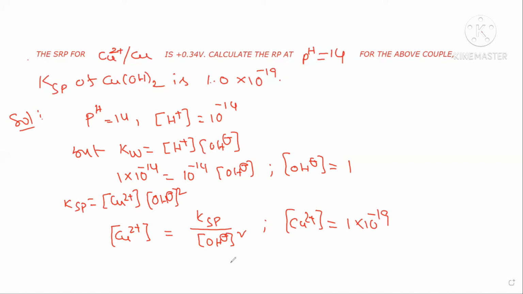According to Nernst equation, E cell is equal to E naught cell plus 0.06 divided by n into logarithm of Cu2+ ion concentration.